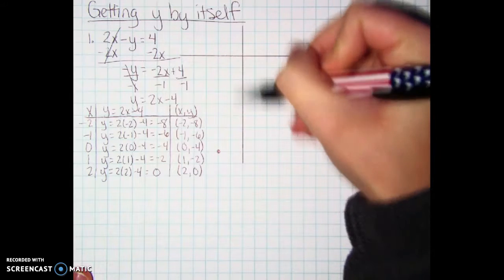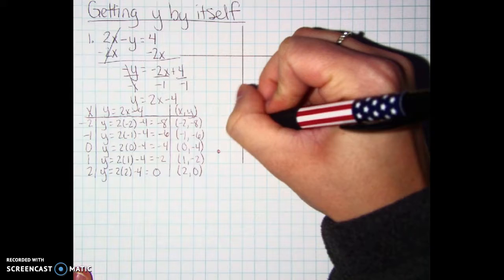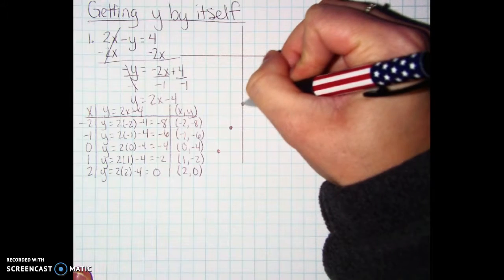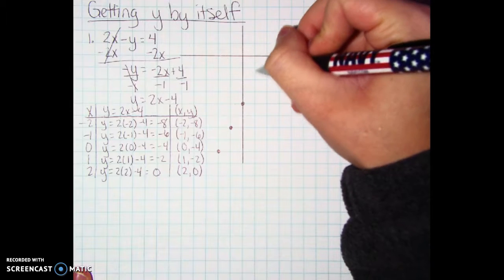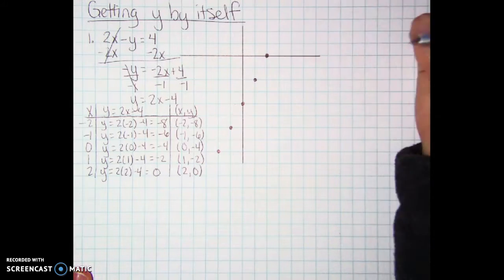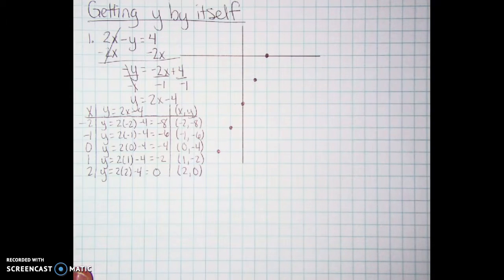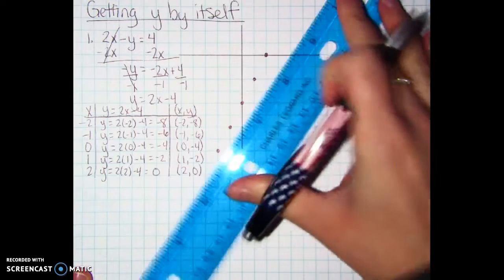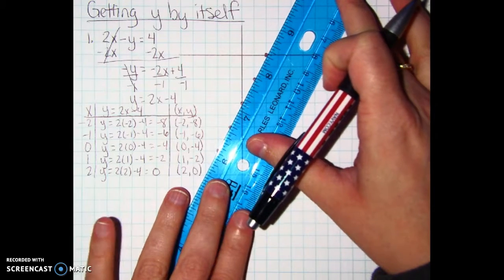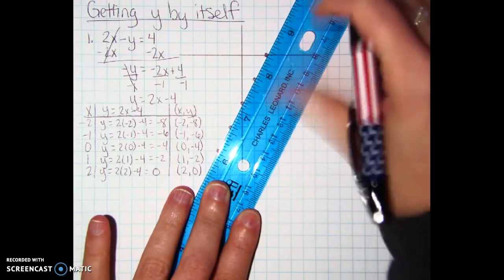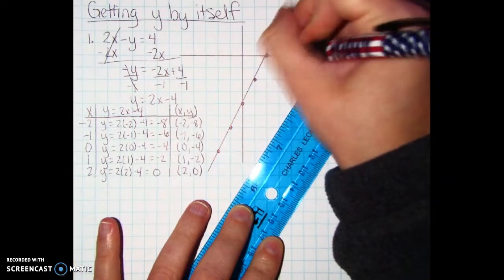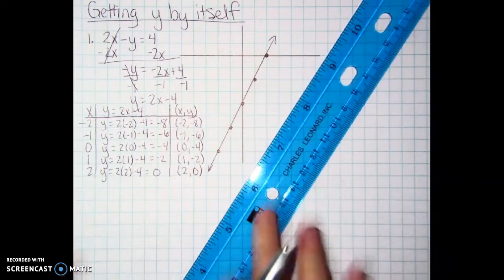And then negative 1, negative 6. 0, negative 4. 1, negative 2. And 2, 0. Draw my line. And that's it.